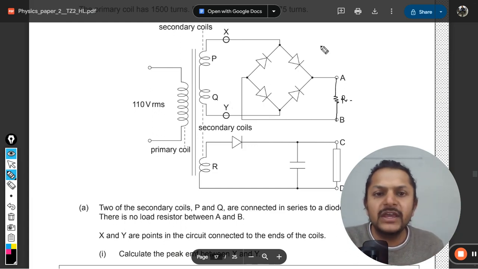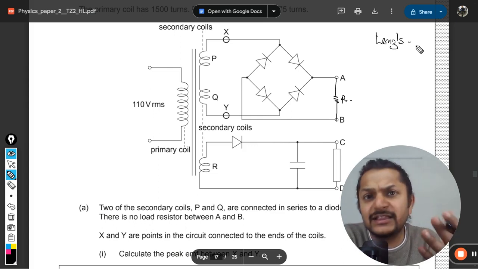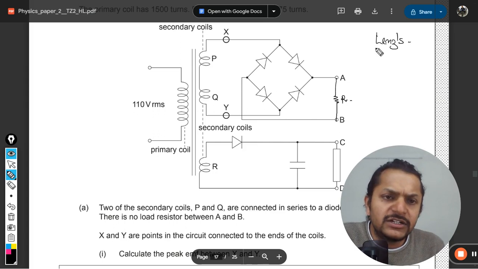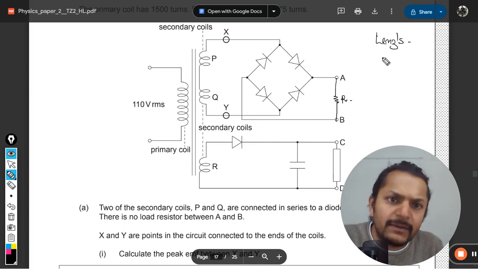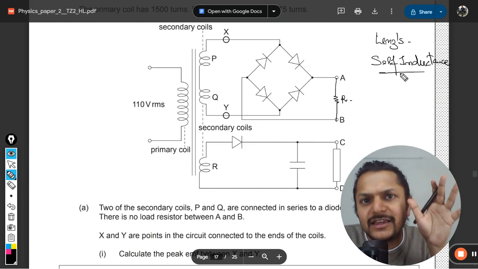Why is that? Because according to Lenz's law, this is the only explanation that I can think of, but this is actually not in your syllabus. There is a concept called self inductance. So according to that concept, we can give the explanation here.